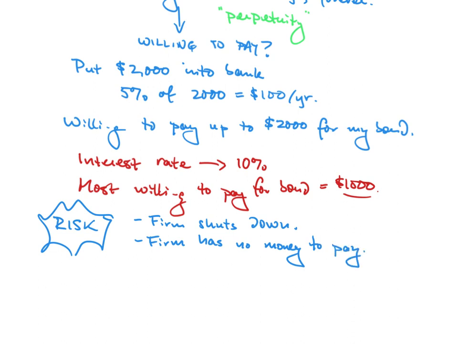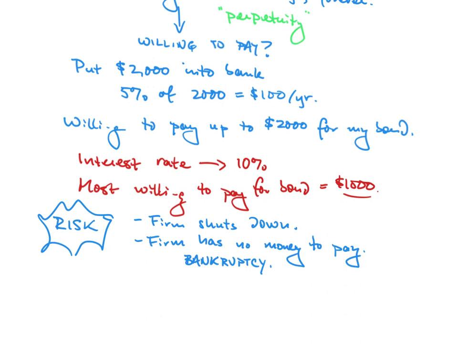A firm, just like everyone else, has a limit to how much cash they have on hand. They've got a bank account, and when their bank account gets to zero, they can't pay their bondholders. That's what's called bankruptcy. The business simply runs out of cash and can't pay people. Those are risks that bondholders take on. Bondholders try to do research and, for the most part, buy low-risk bonds.